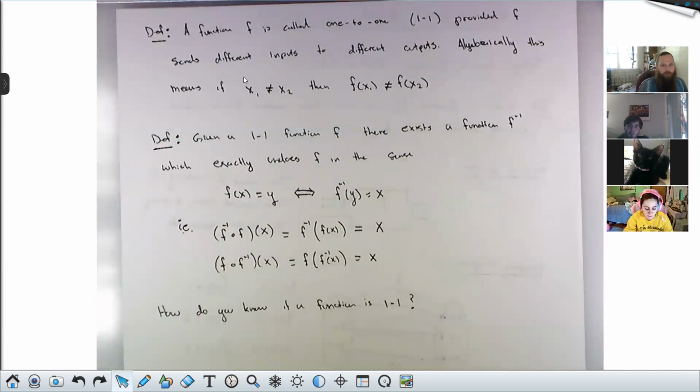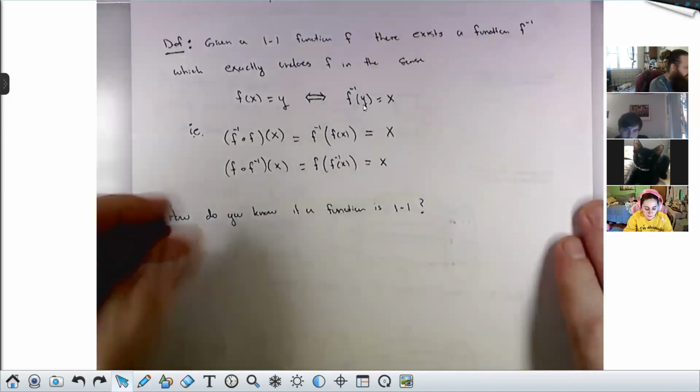So how do you know if a function sends different inputs to different outputs? Gavin hinted at it earlier. It was, do you have points on the graph with the same y values? If you have two different points on the graph with the same y value, that means the x values of those points, those inputs, are getting mapped to the same outputs, same y value. The general term for this is called the horizontal line test.